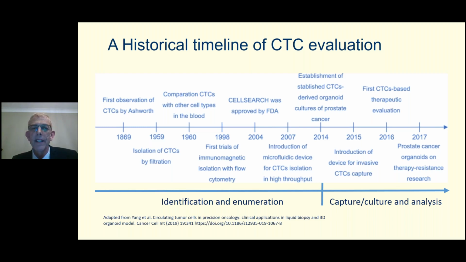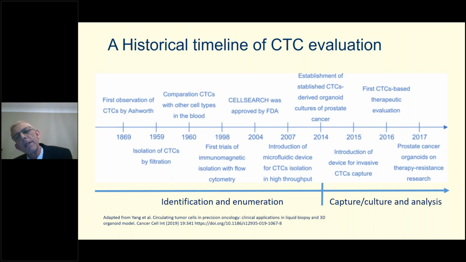for future analysis. So right up until about 2014, the emphasis around circulating tumor cells was the identification and counting, and how different numbers of circulating tumor cells within the bloodstream of cancer patients might equate to the extent of that cancer, might equate to whether or not a patient might be responding to treatment.